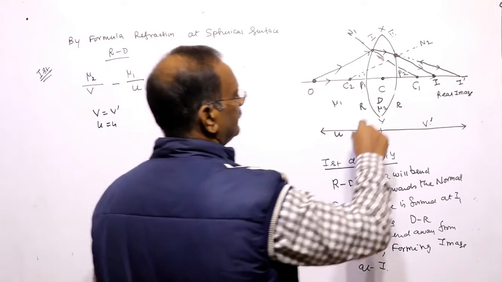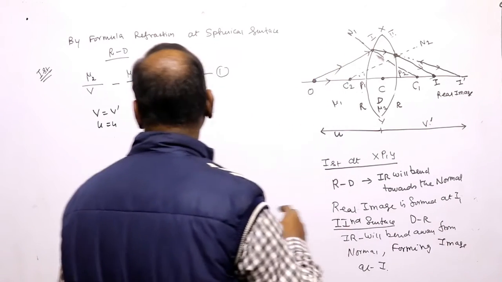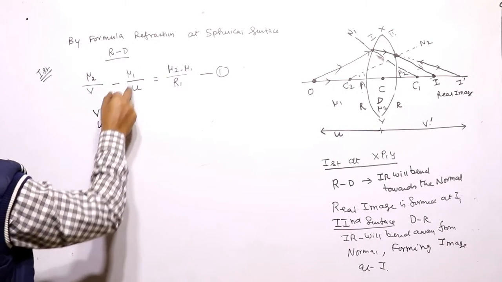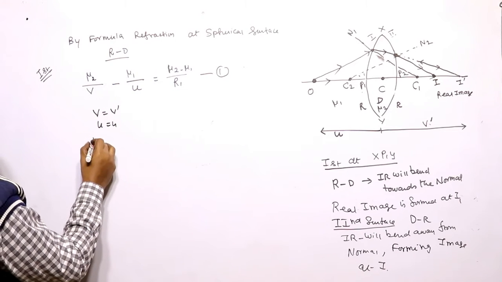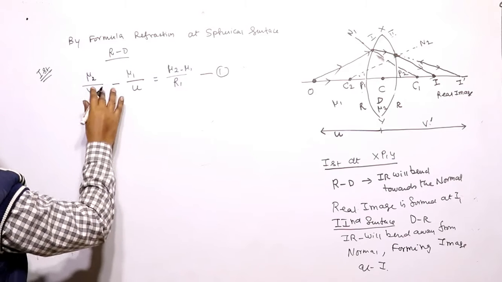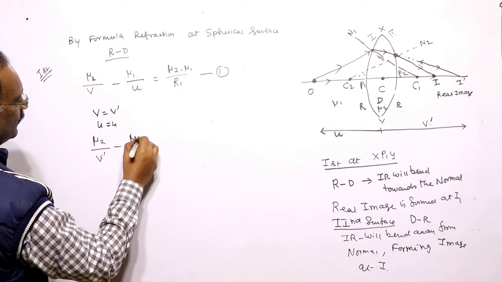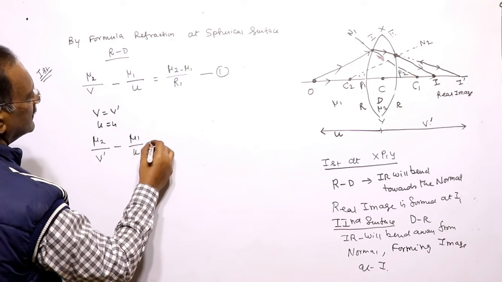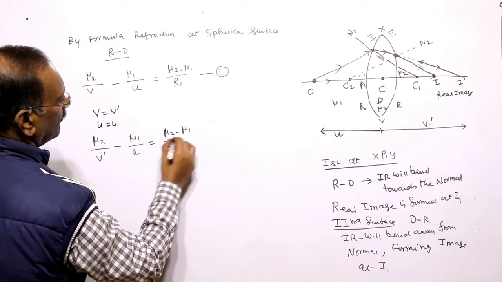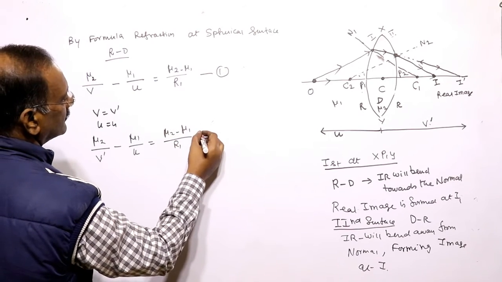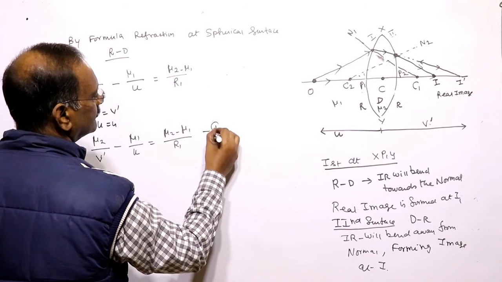The first image formed here, for the first refraction, we take as V dash. So we can write it as mu2 by V dash minus mu1 by U is equal to mu2 minus mu1 by R1. This is equation number 1.